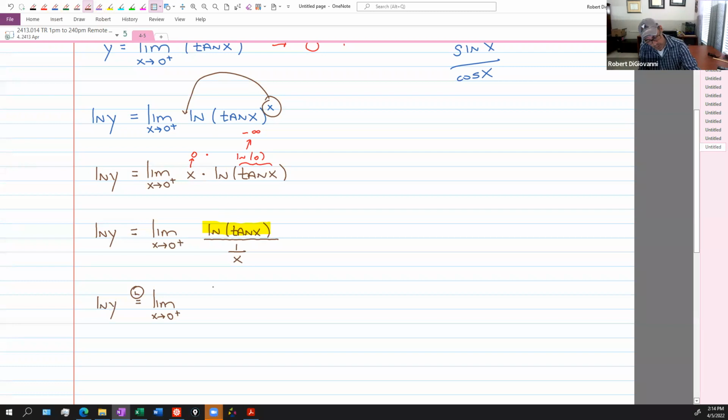So I need to put 1 over tangent, times now the derivative of tangent, which is secant squared x. And then this whole thing is divided by the derivative of 1 over x, which we've done several times today, negative 1 over x squared.